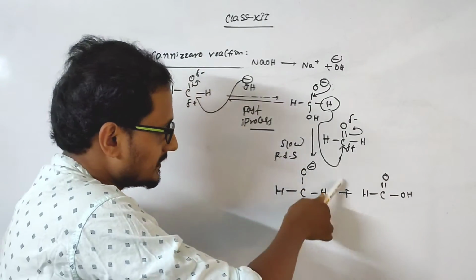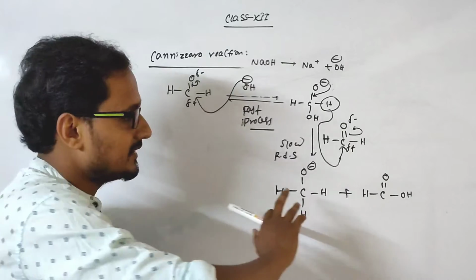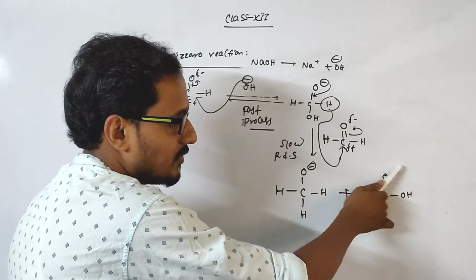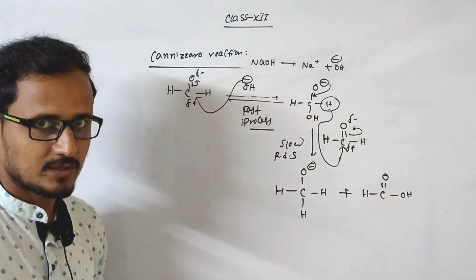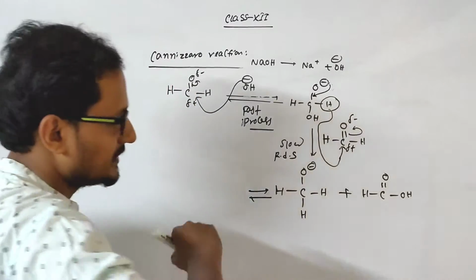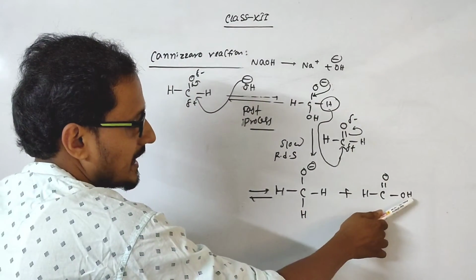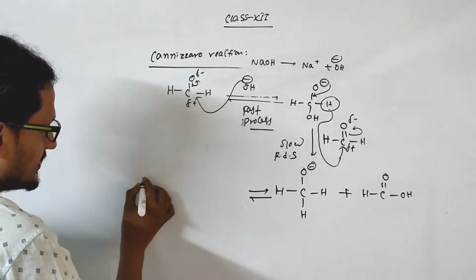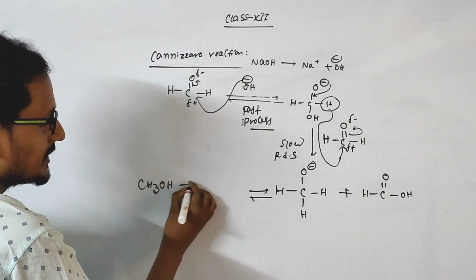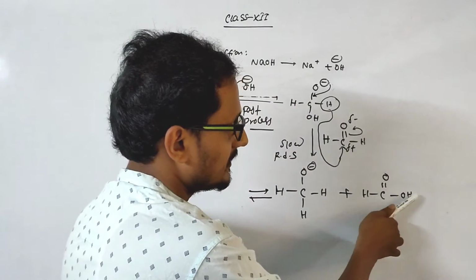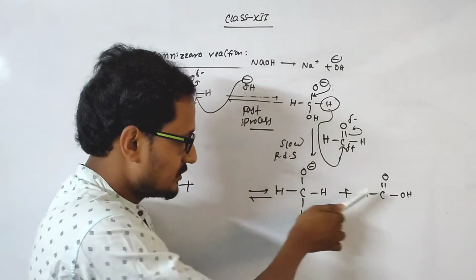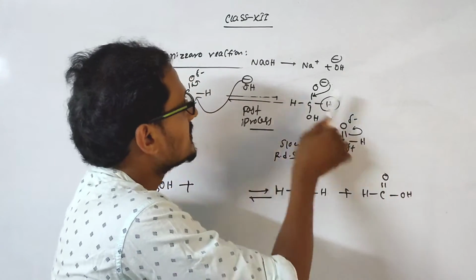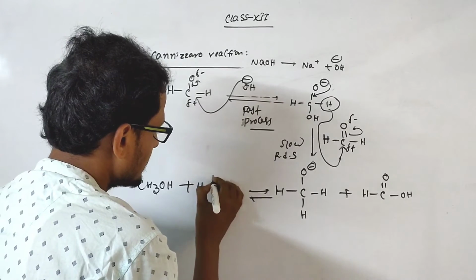Now this cannot be a stable compound, so there will be an internal proton transfer, that means this formic acid will donate one proton to this methanol anion, forming CH3OH. After sending this hydrogen to CH3O minus, it is O minus, so after that it will take up this Na to form HC double bond ONa.